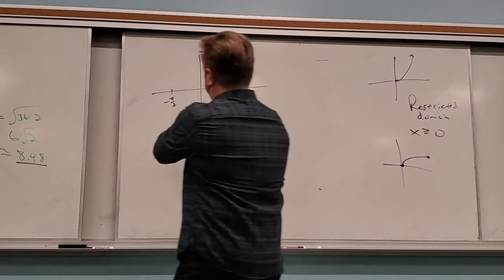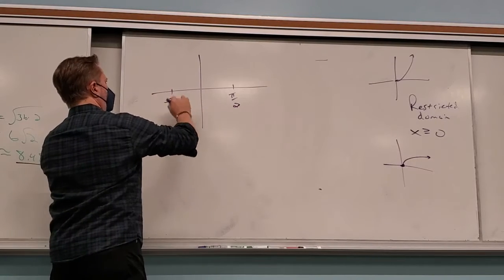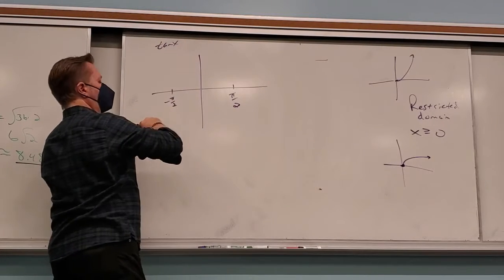What happens at these positions for tangent? Asymptotes.